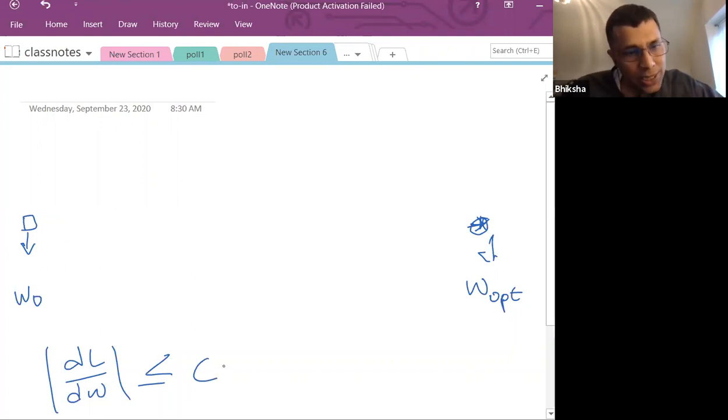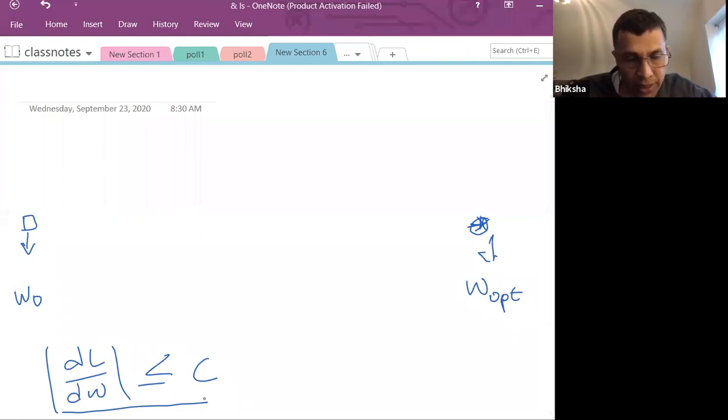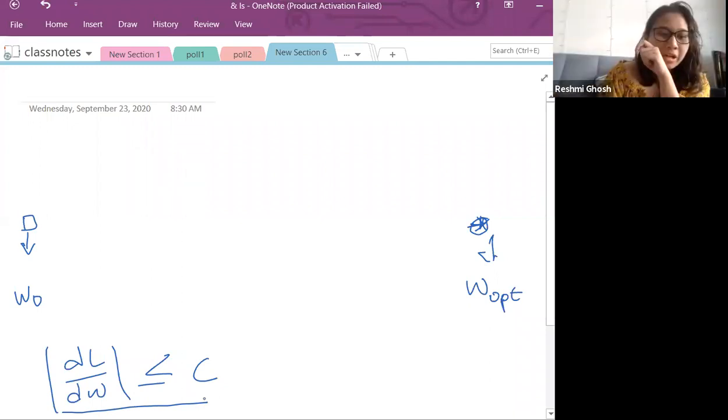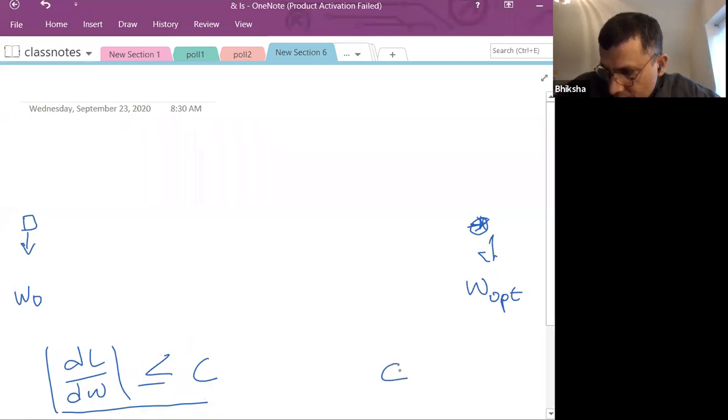It's less than some constant C, right? So what does this tell me about the individual step size? What is the largest step size I can get if I'm using some learning rate eta? Someone on the chat says C. Is it going to be just C? It's going to be eta C, right?